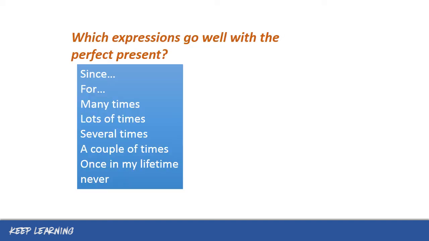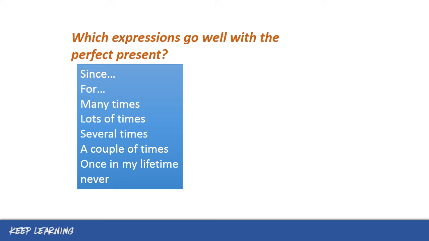Right? These are some good complements for those expressions with the verb have. They're good. You can say I have lived here since 1975, or I have lived here for 20 years.